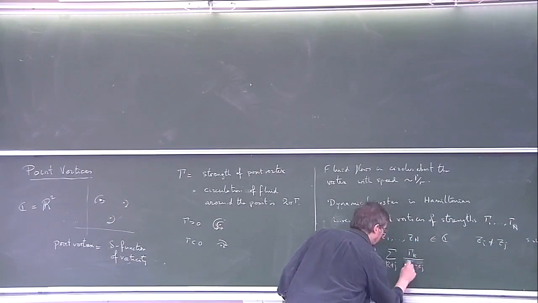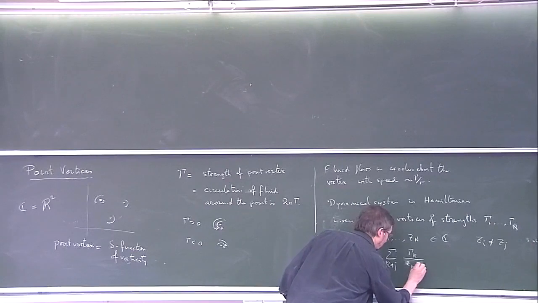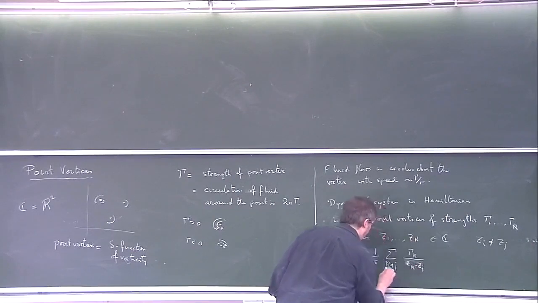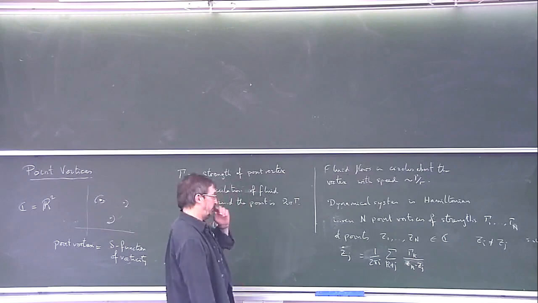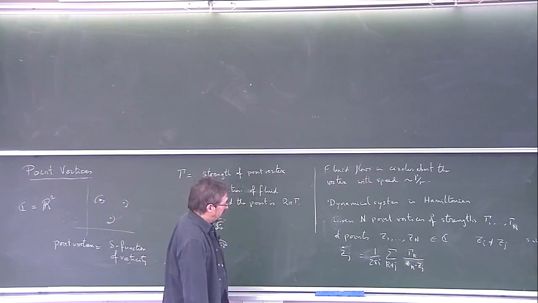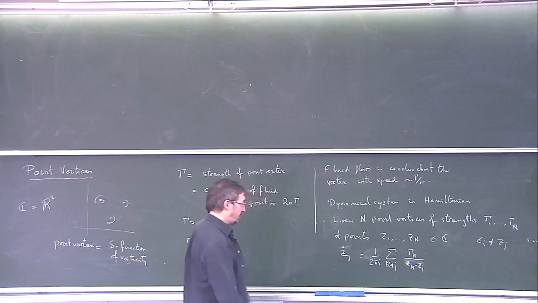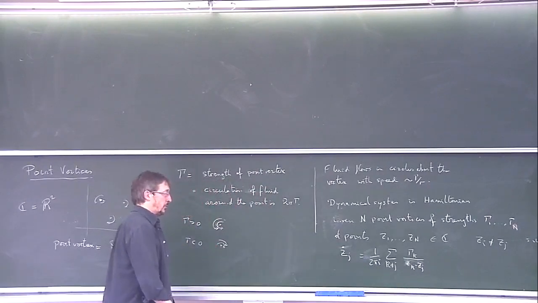It's complex conjugate if you write it in the numerator. And there's an i in there, 1 over 2 pi i. So that's a nice closed set of differential equations, not too complicated.